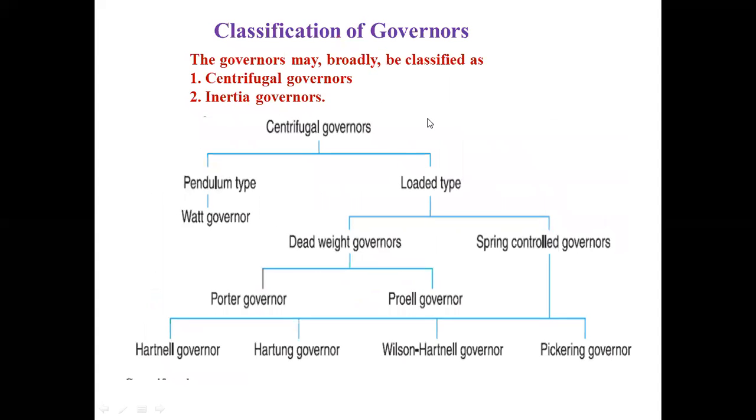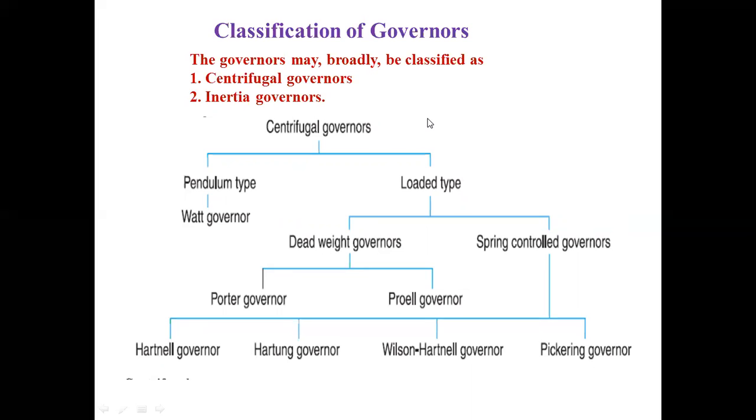Next thing is classification of governors. Governors can be broadly classified as centrifugal governors and inertia governors. But due to practical difficulty in balancing, inertia governors are not used much in practical applications.